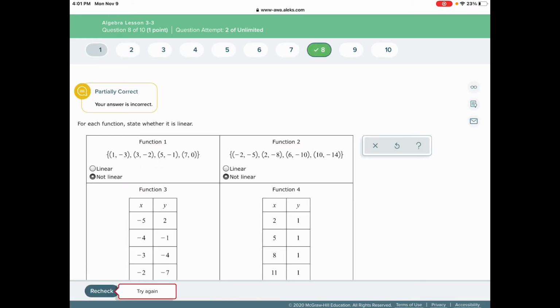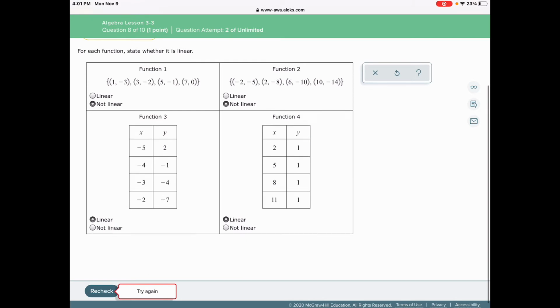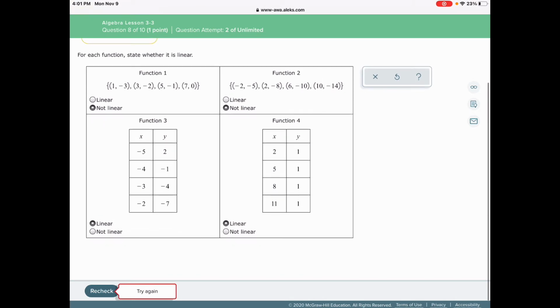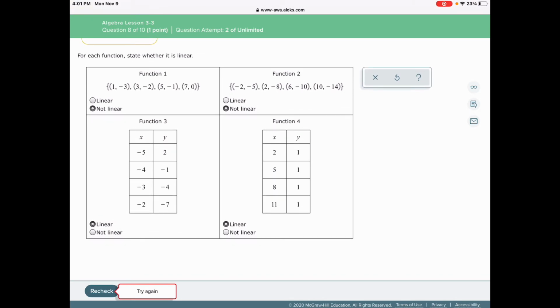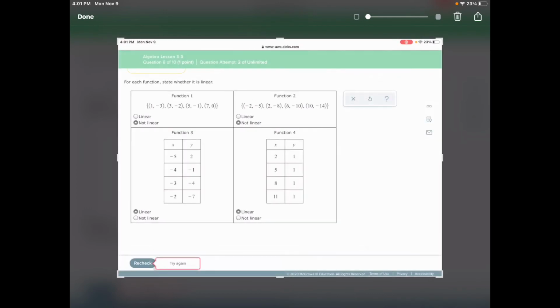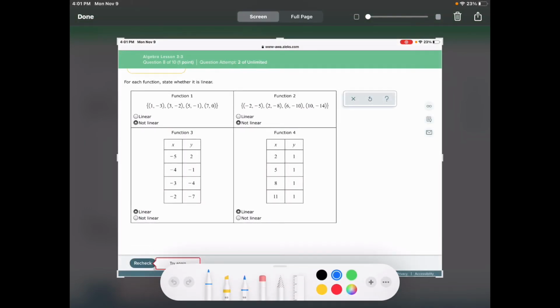Partially correct. Really. So I did something wrong. So if I can figure it out real quick. Confident on function 4. I was pretty confident on, let me do a double check on this one.